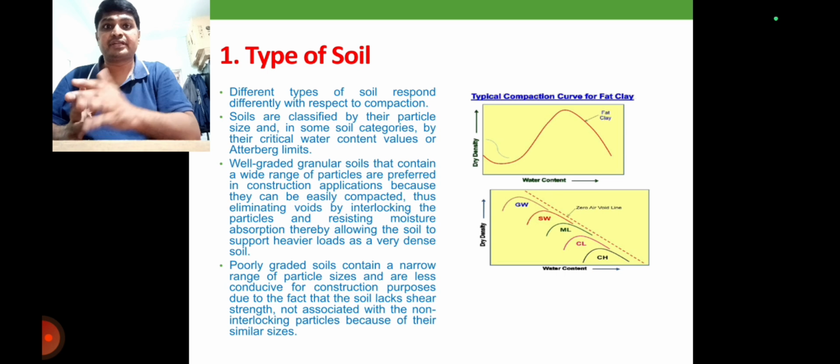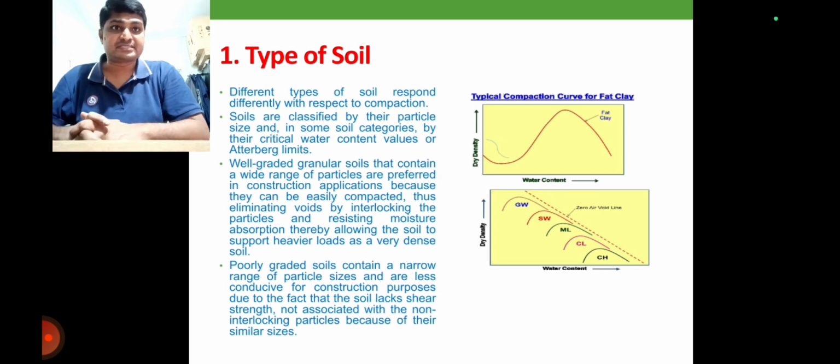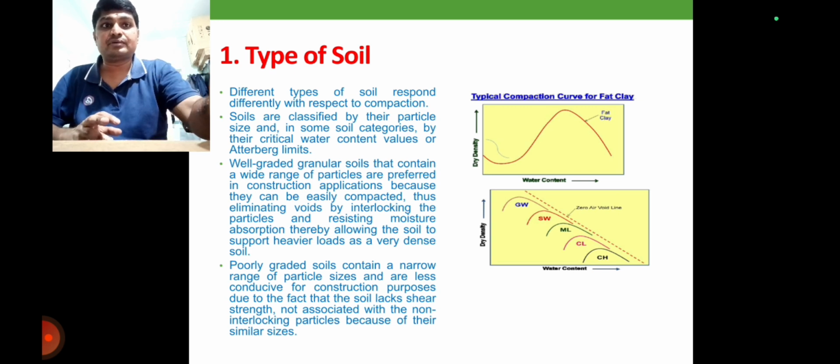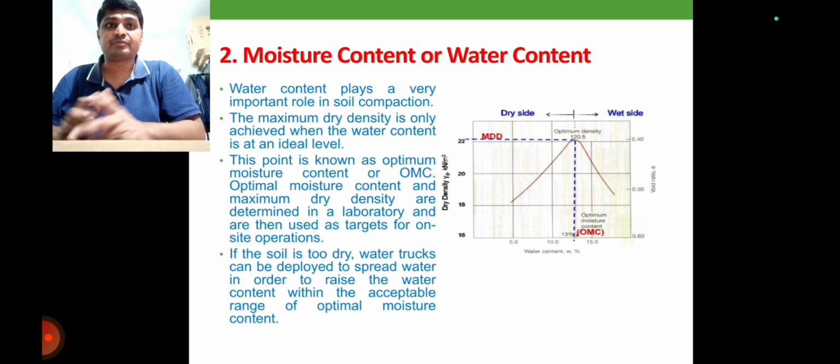In the graphical representation we can also observe that the dry density is higher in well graded soil when compared to highly clay particles or clay soils. So these are the basic differences in the type of soil, which also affect the type of compaction.